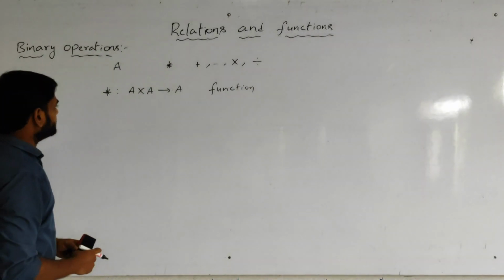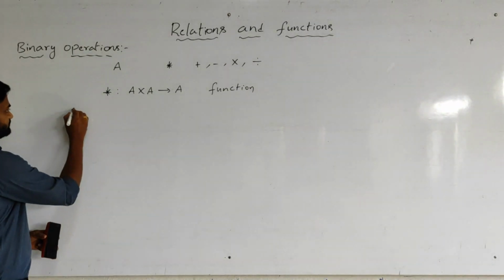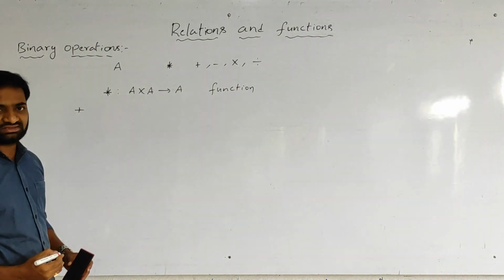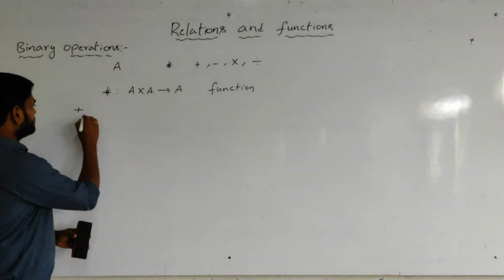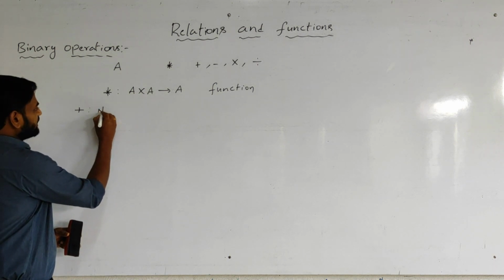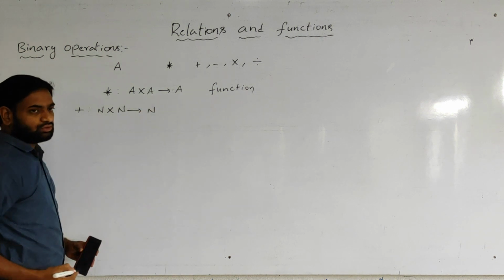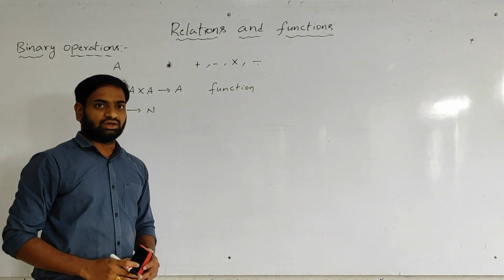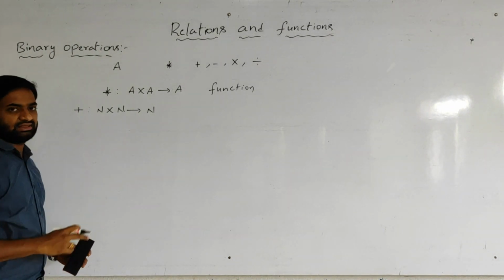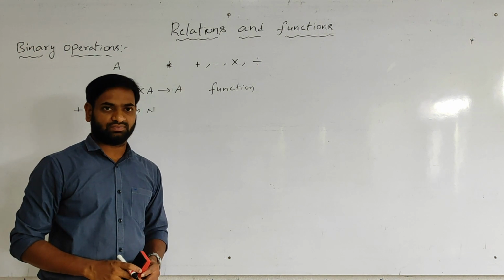Now see here, one example I am taking. In place of star, I am taking the operation plus, addition, and I am defining the set on natural numbers, natural numbers cross natural numbers to natural numbers. Now I have to check whether this addition is a binary operation on natural numbers or not.